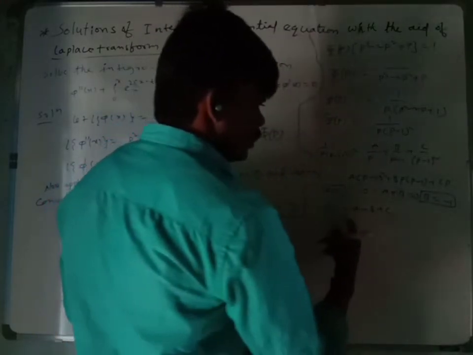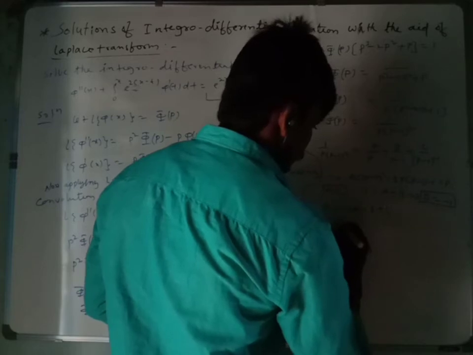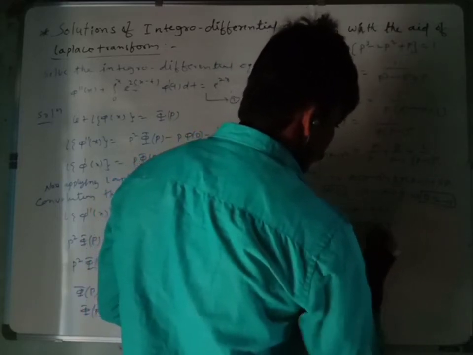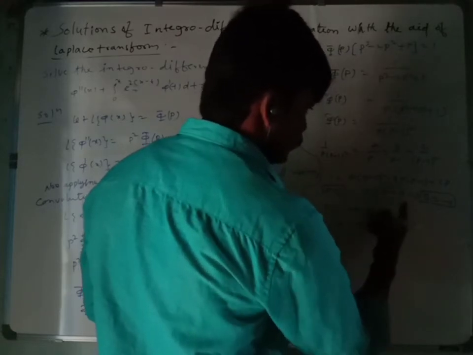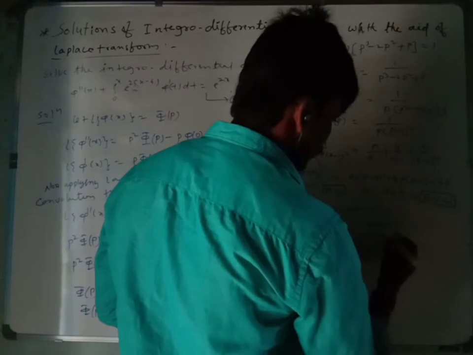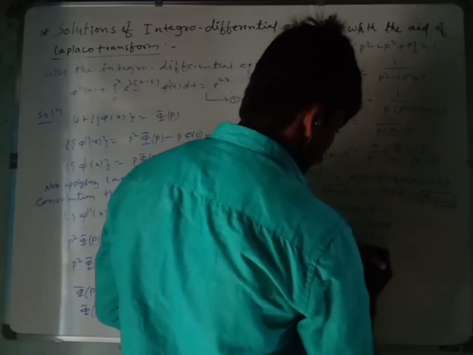Here c equals 2a plus b. With a equal to 1 and b equal to minus 1, this value gives c equal to 1.